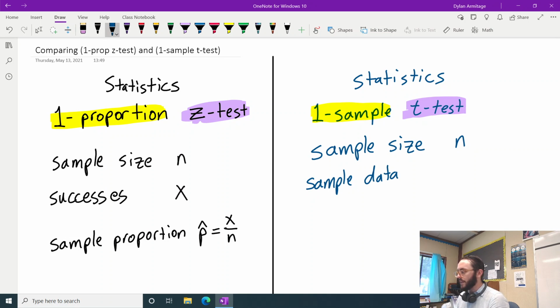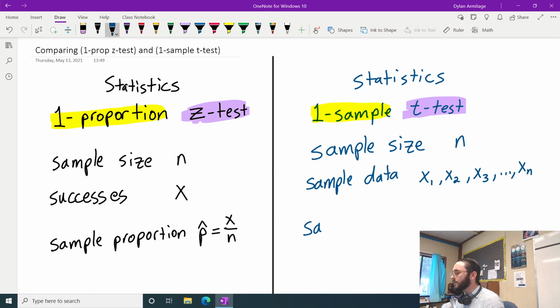And I'm going to write that as x1, x2, x3, then it'd be like x4, x5, x6, x7, on and on, all the way up to xn. So we have all of these different values, and there's no single success. Right? There's no sort of way to classify these right now into a success or failure, at least for this particular situation.